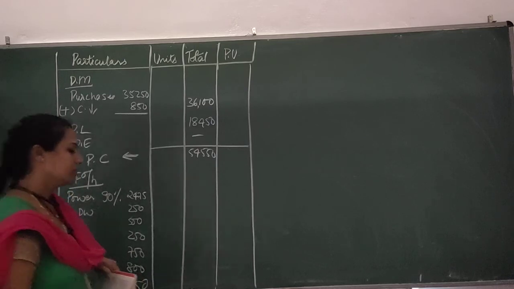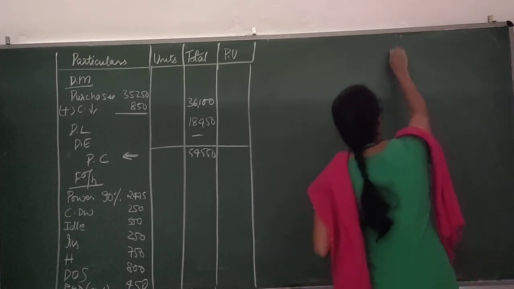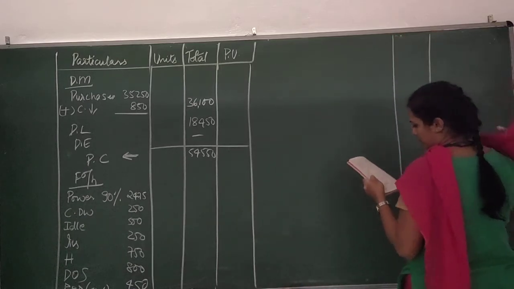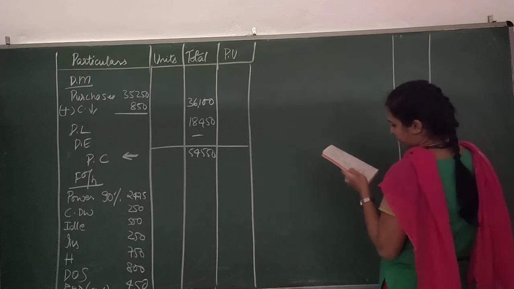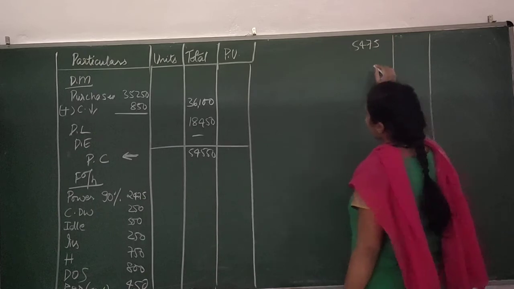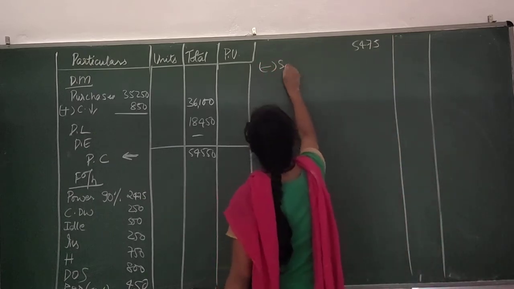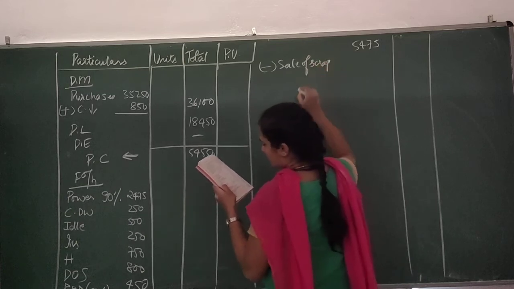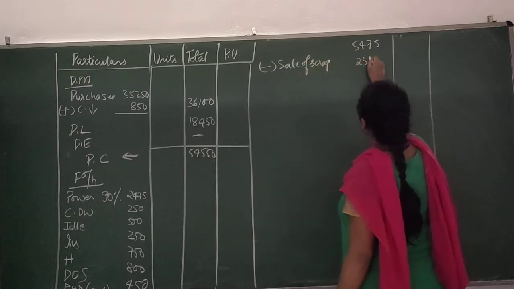The total will be taken in your total column, which is 5,475, because there is a sale of scrap. What is the amount? Which is 250.